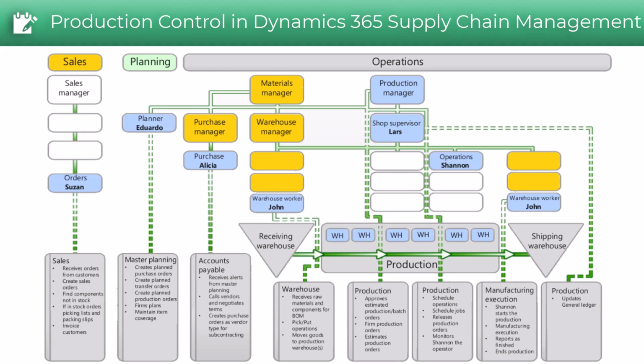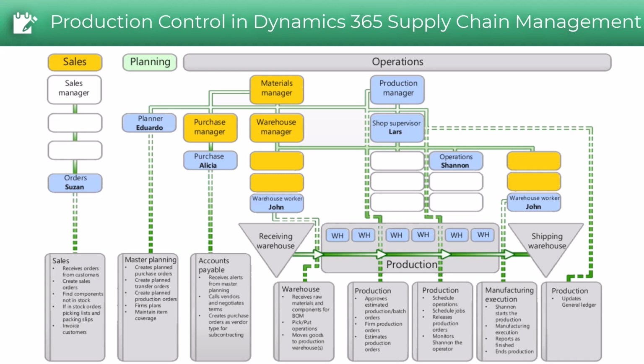He makes sure we know what needs to be purchased, what needs to be produced or transferred from other warehouses. Think of Eduardo like a restaurant chef who plans how much rice, vegetables and spices are needed before cooking for 100 guests. After planning, the purchasing team gets involved.